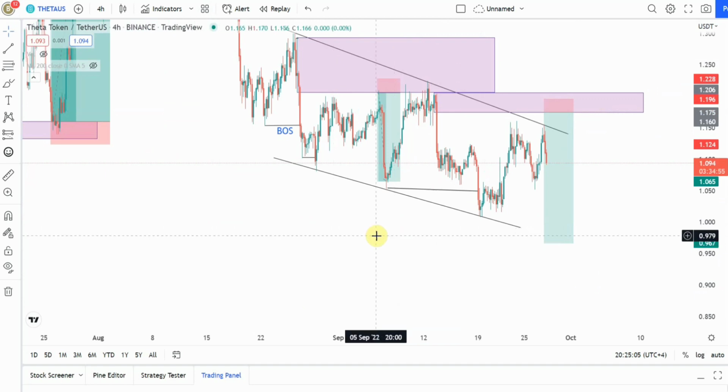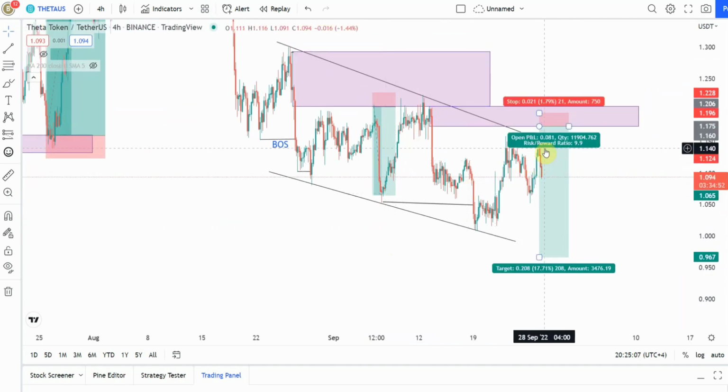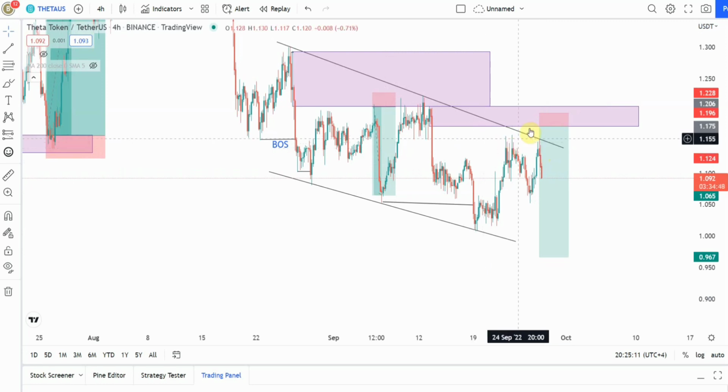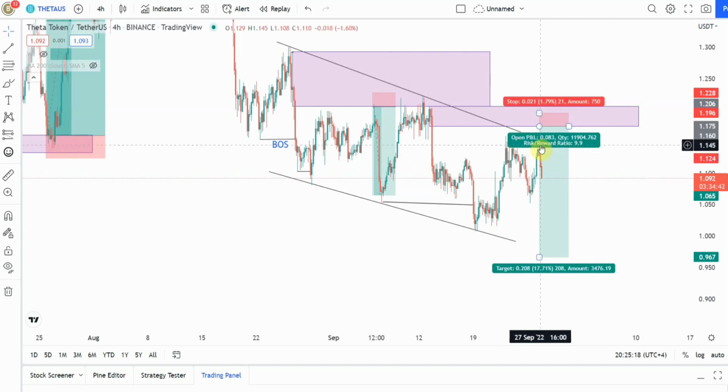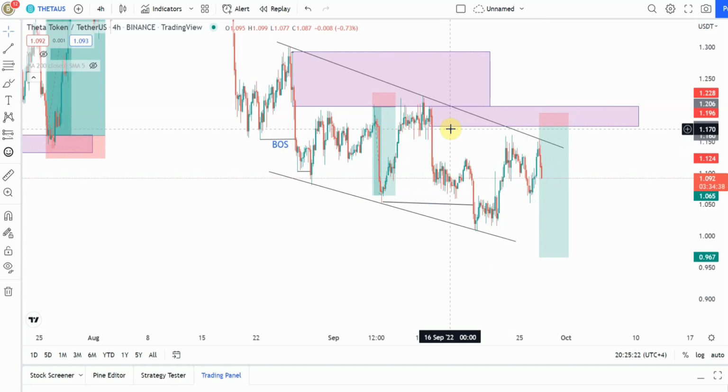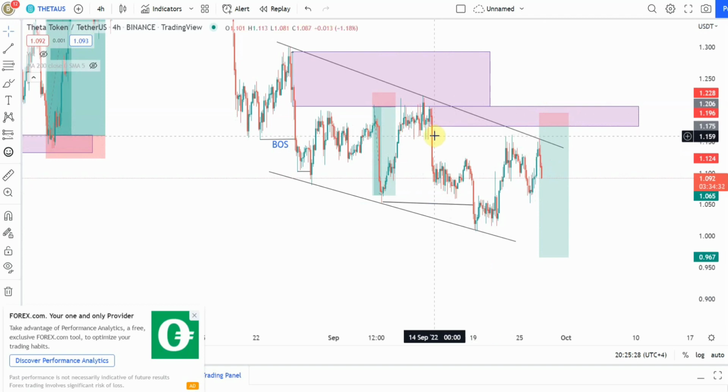And one thing is, if it has respected this channel 3 times, I will only focus my mind on this order block. But this one is the 3rd time, so it will respect, because a trend line remains weakened if it retests more than 3 times. If it retests more than 3 times, then it will remain invalid.